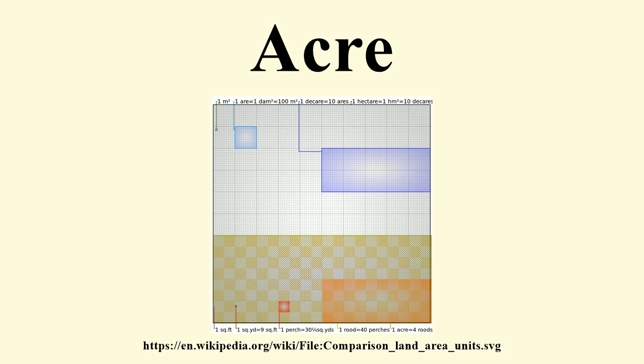The U.S. Survey Acre is about 4,046.87260987425 square meters. Its exact value is based on an inch defined by 1 meter equals 39.37 inches exactly, as established by the Mendenhall Order.